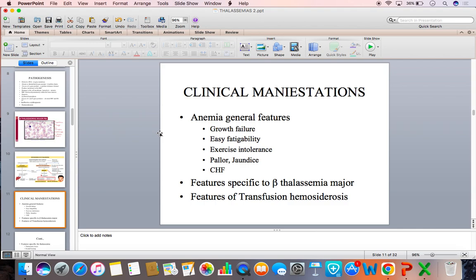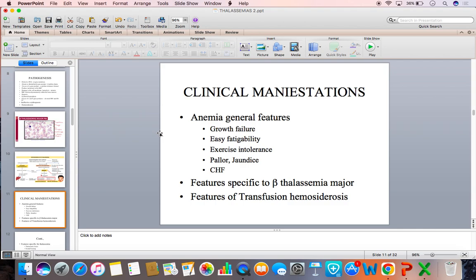The clinical manifestations can be summed up into general features of anemia, features specific to beta thalassemia major, and features of transfusion hemosiderosis. You can group the clinical manifestations into three categories.